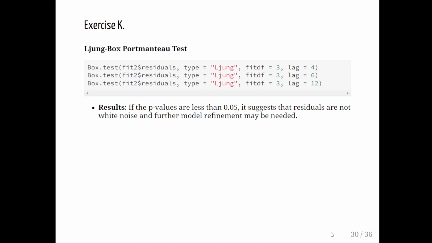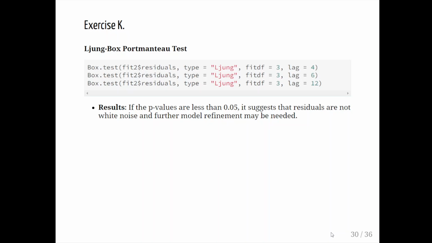The rationale behind that would require a full video. So it's Box.test. We're going to use the residuals from model fit 2, so fit2$residuals, and it's a Ljung-Box Portmanteau test, so type equals "Ljung". I hope I pronounced that correctly. So the results: if the p-values are less than 0.05, it suggests that the residuals are not white noise and further model refinement may be needed.